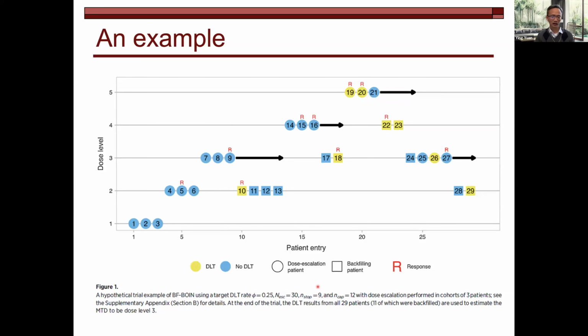So here is an example to illustrate how we assemble all those rules together and put backfill into a dose escalation process. Consider a trial where the goal is to identify a dose with a toxicity of 25%. The de-escalation boundary is 30%, and the escalation boundary is about 20%.